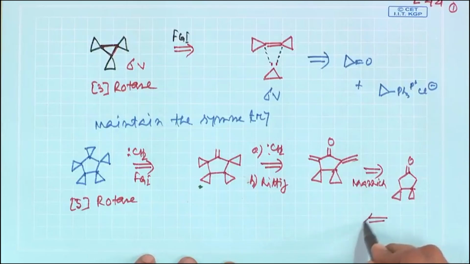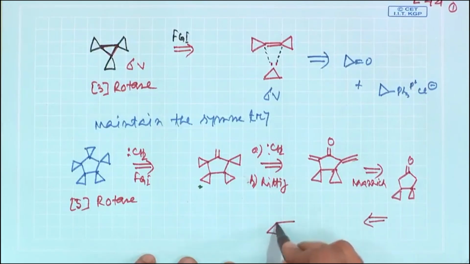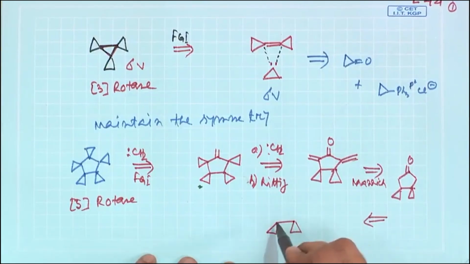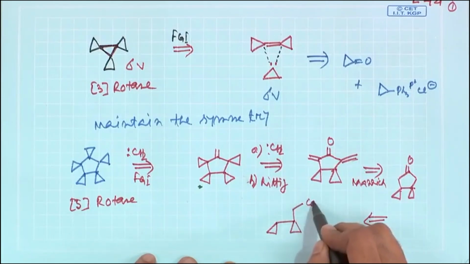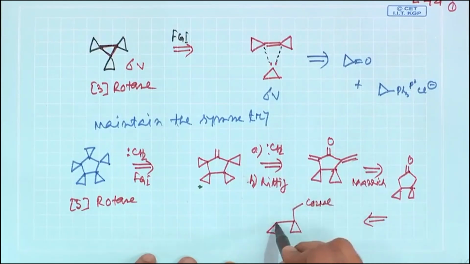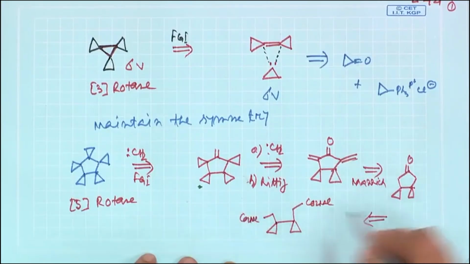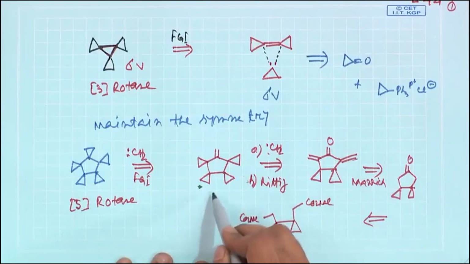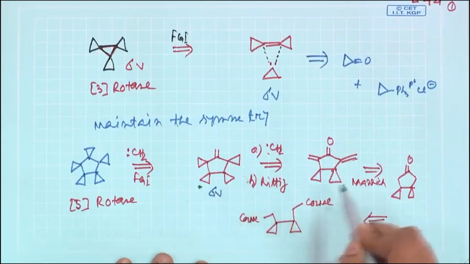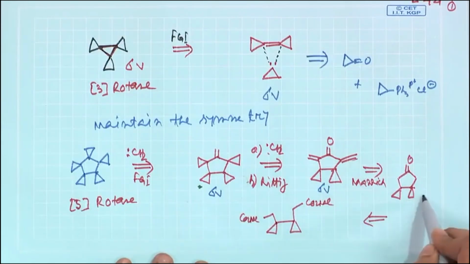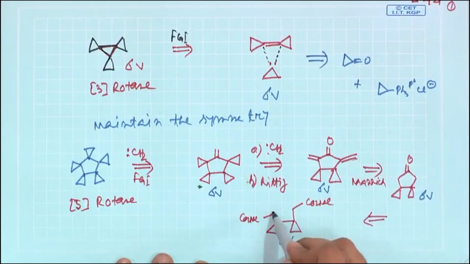Now, we are saying that we will do this cyclopentanone synthesis using a Dieckmann reaction, which probably all of you know. We say Dieckmann reaction of a symmetrical species. If you analyze this species, it is sigma v, sigma v, sigma v.